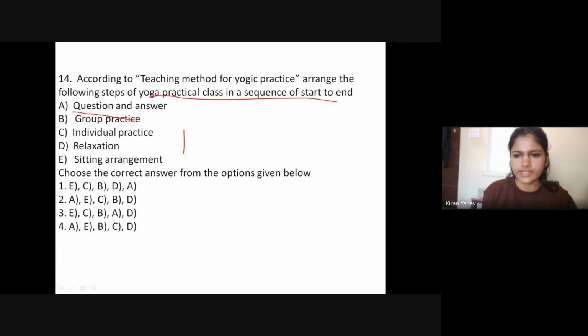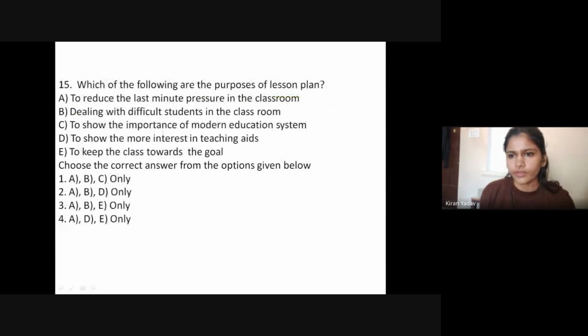In this way you will study this in the last chapter, the 8th chapter. Which of the following are the purpose of a lesson plan? To reduce the last minute pressure in the classroom, dealing with difficult students in the classroom, to show the importance of the modern education system, to show more interest in teaching aids, to keep the class towards the goal. Again, this question is asked from lesson planning.